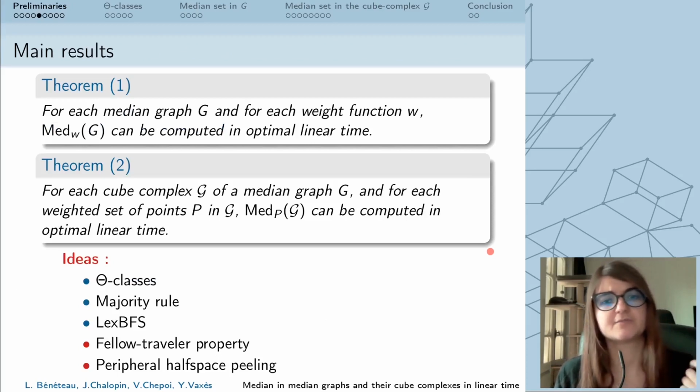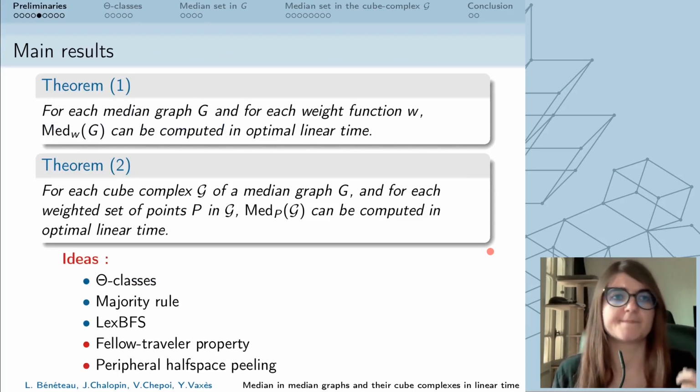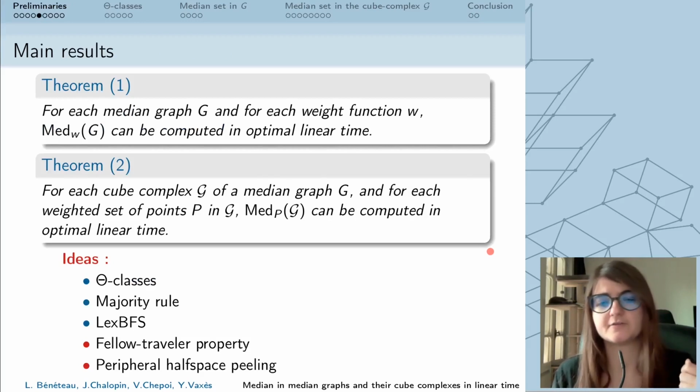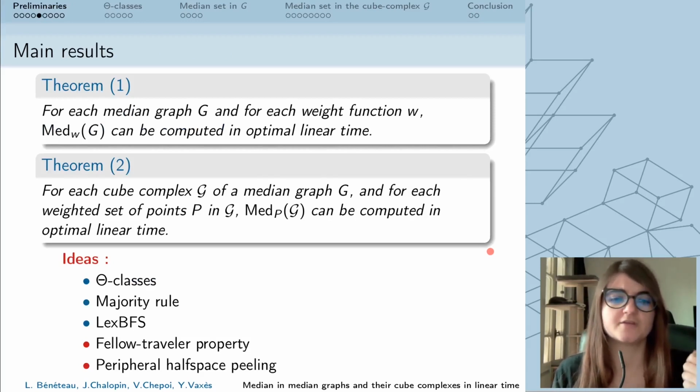So the main result of this presentation is the computation, for each weight function, of the median sets of any median graph, and for any L1 cube complex of a median graph, of a finite set of points describing the median sets, in linear time also.